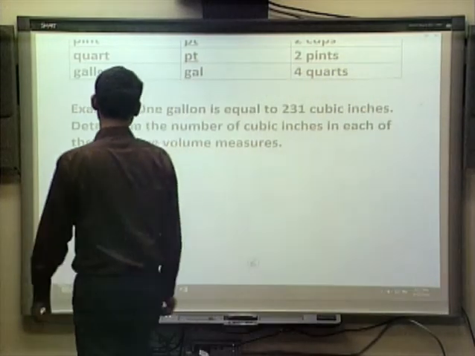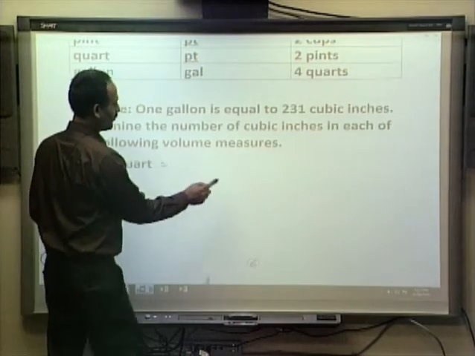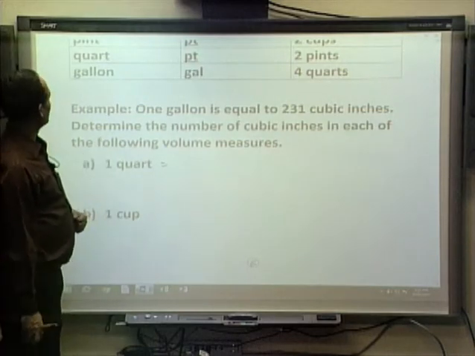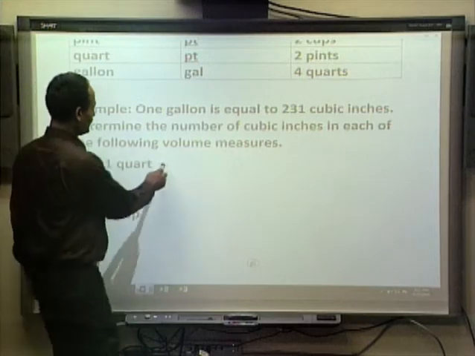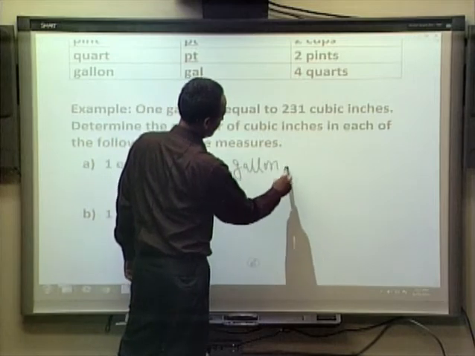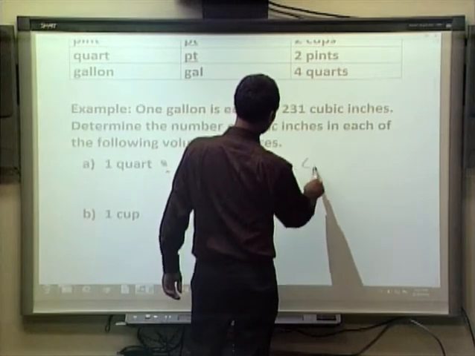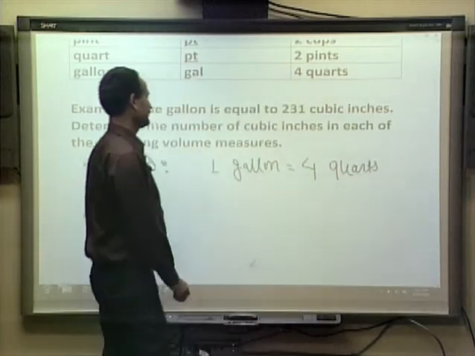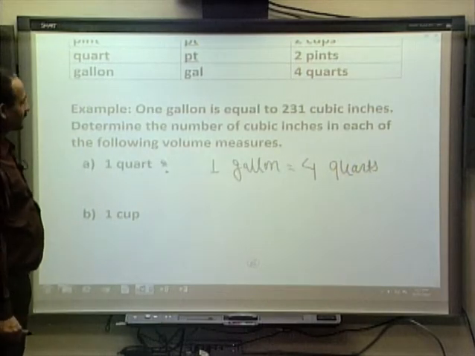So, 1 quart: our question is, 1 quart is how many cubic inches. What we know is 1 gallon is 4 quarts.